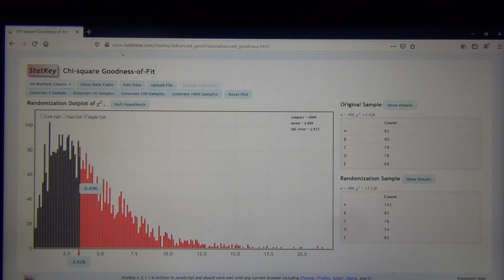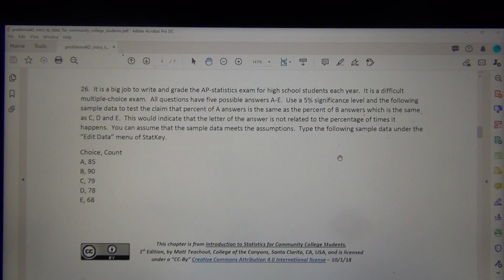Now, what does that tell us about the claim? Well, let's see, our claim was, test the claim that the percentage of answers is the same. So the null hypothesis actually was the claim, not related. And we're failing to reject the null, which means there's not significant evidence to reject the null hypothesis, right?